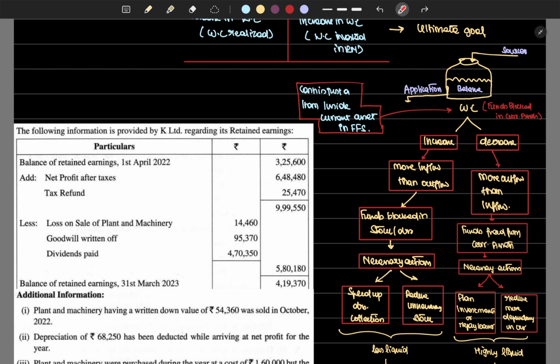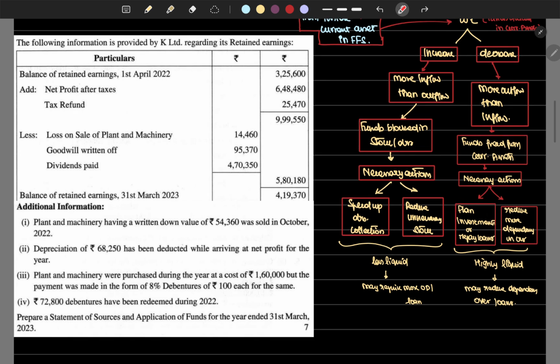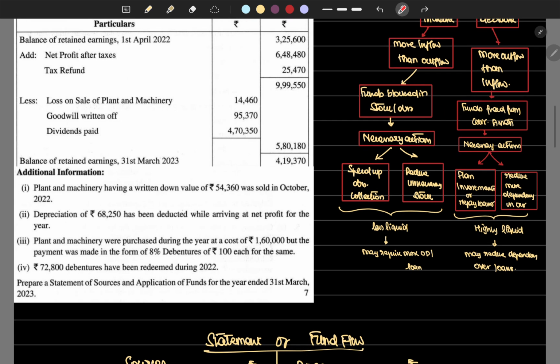So we have used the working capital effectively, and a lot of funds are freed from current assets. Here we can plan for investments or repay loans, if we have any, and reduce the dependency on creditors, because our current asset funds are cleared and we have more money in hand. So that's what this denotes.